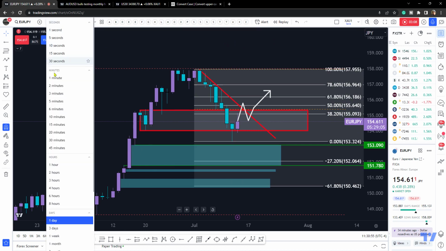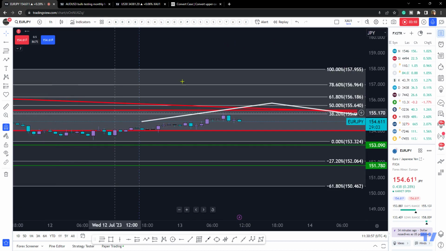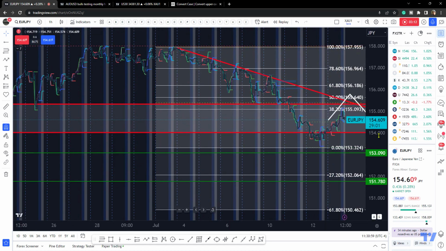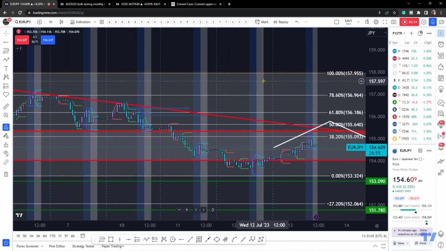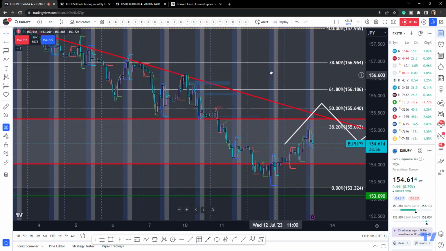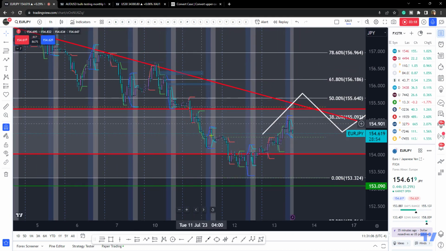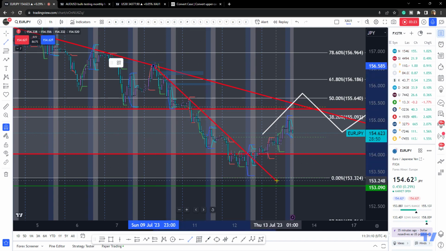If we move down to, say, a 1 hour, the bearish run that we've seen has started to peter out, as we saw in the daily chart. So that current leg is broken.